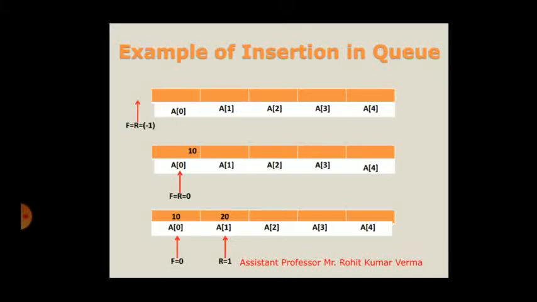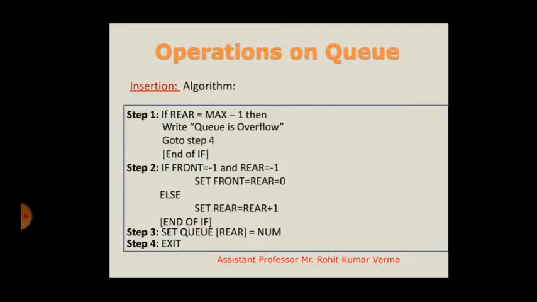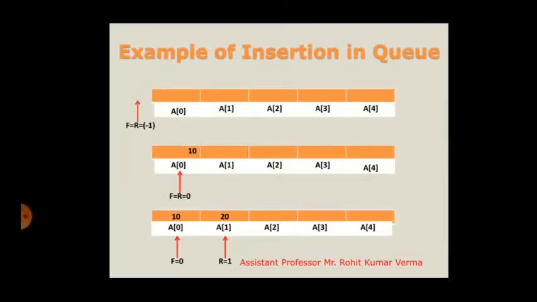Then in the else you can see rear is equal to rear plus 1. Suppose you are adding one element, so that element is stored at the 0th location, that is 10.